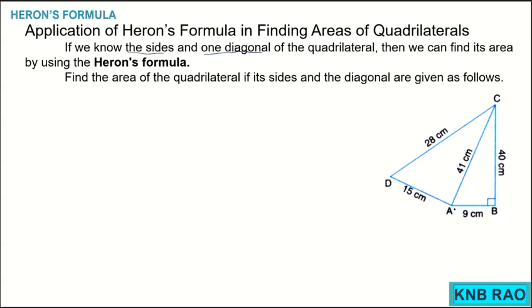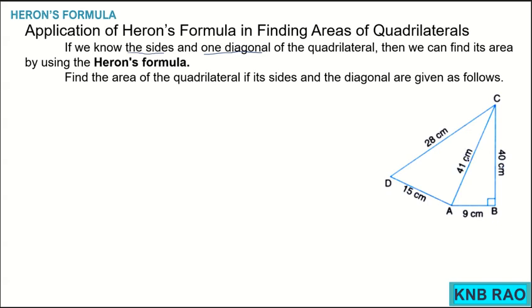Now, here it is easy to find the area of right triangle ABC by using the half base into height formula, because here we know both the perpendicular legs and we know even the hypotenuse of that.